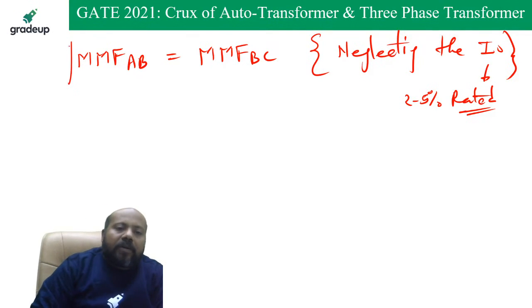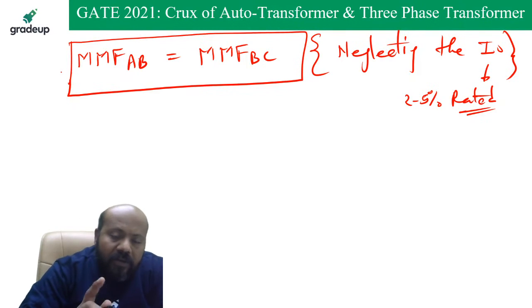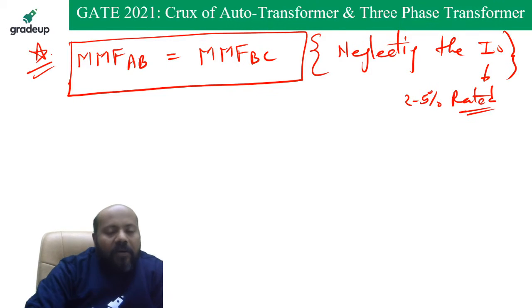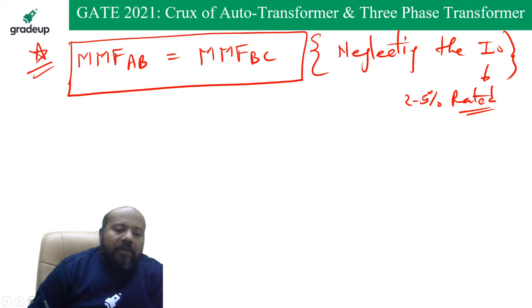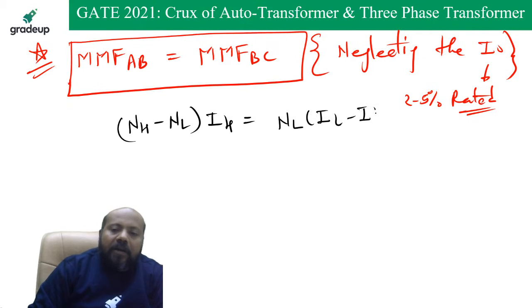This is very, very important to understand how you are establishing the MMF balance equation, because this will tell you how you are going to compare your auto transformer with the two winding transformer. Now you can directly write the MMF for the AB section of the winding. The number of turns is NH minus NL. The current is IH. The MMF for the BC section: number of turns NL, current IL minus IH.